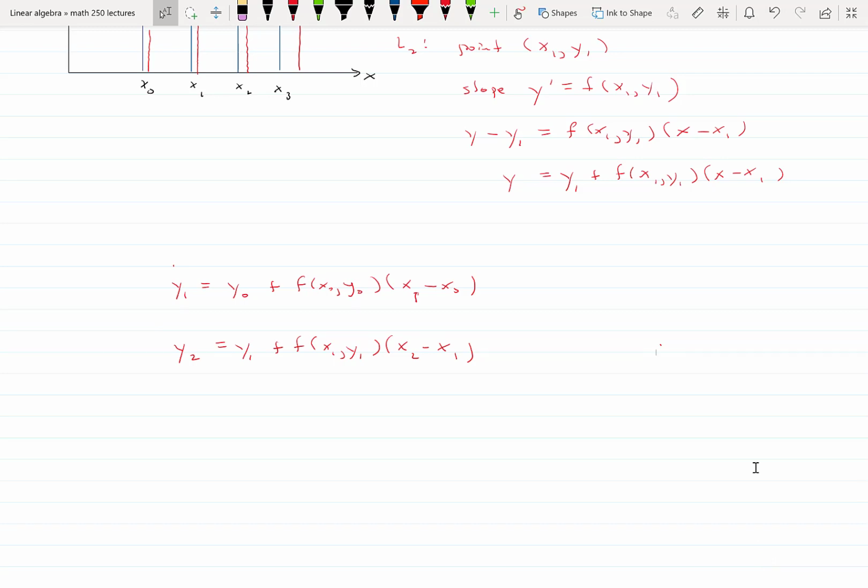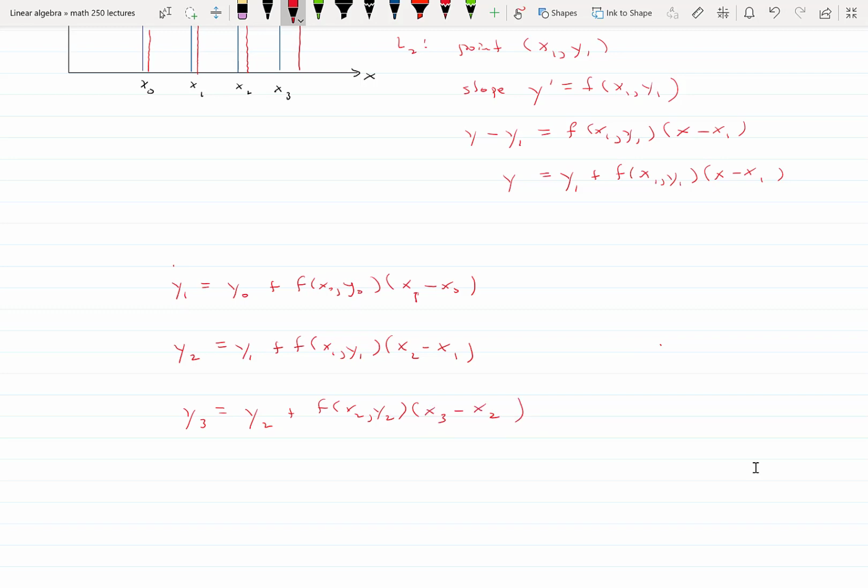Look at y1. y1 equals y0 plus f of x0, y0 times x1 minus x0. y2 is y1 plus f of x1, y1 times x2 minus x1. So according to these two examples for a pattern, it looks like y3 should equal y2 plus f of x2, y2 times x3 minus x2.